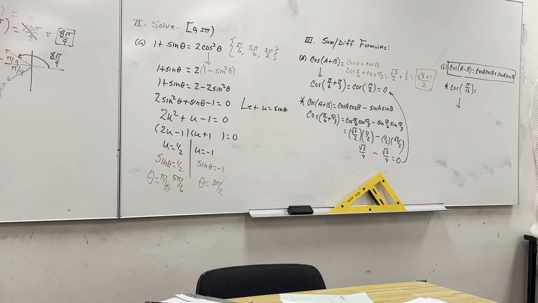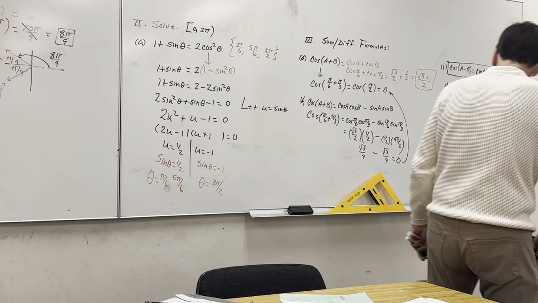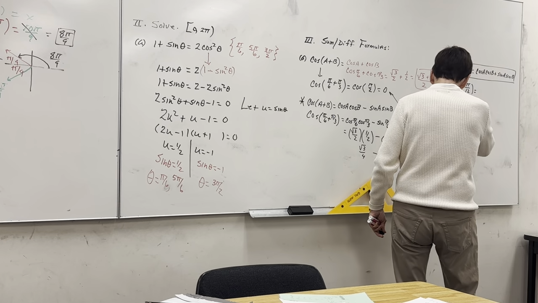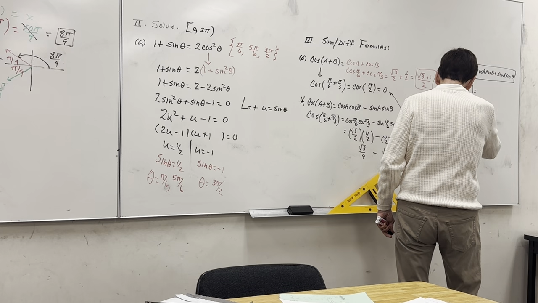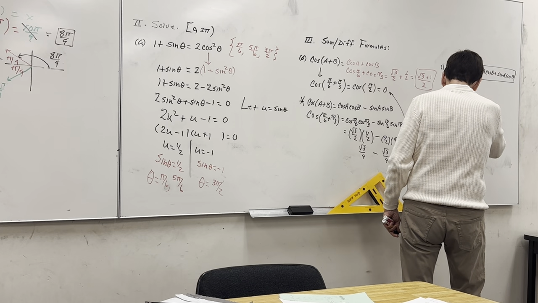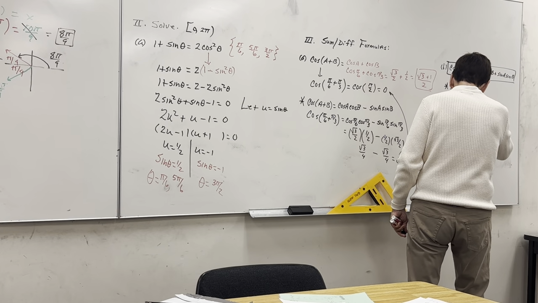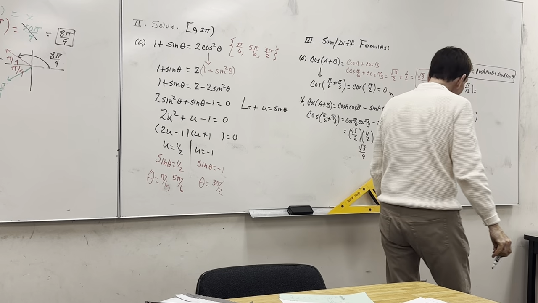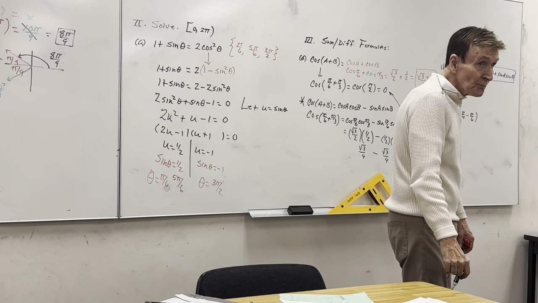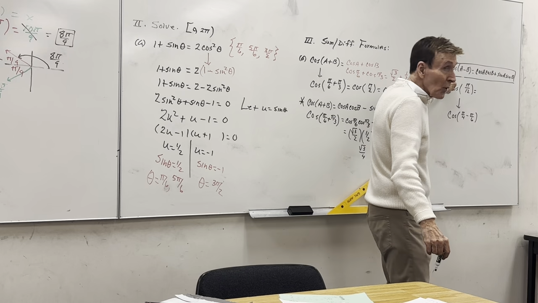Like what? Like 60 subtract 45? Yeah. Or 45 subtract 30. Either one will easily give it to you. So if I rewrite this as cosine, I think I'm going to use pi over 4 subtract pi over 6, 45 subtract 30, and then use this formula.